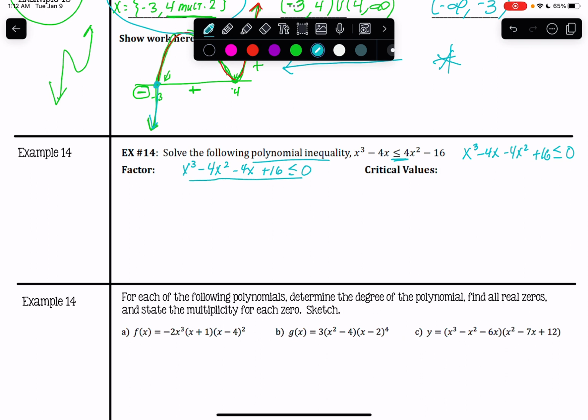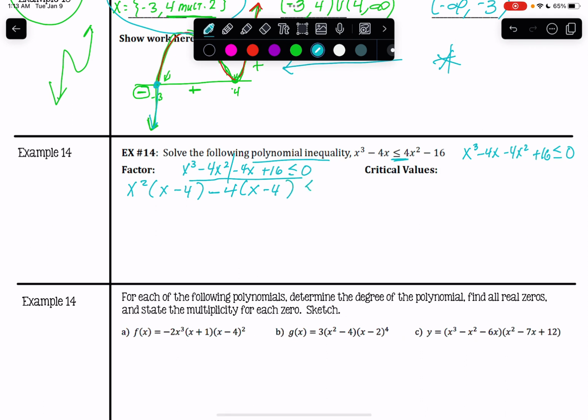And so it looks like this should be able to be done using grouping. So I'm going to look at it from here. I'm going to factor out an x squared, and I get x minus 4. And then if I take out a negative 4 on the second half, I get x minus 4.